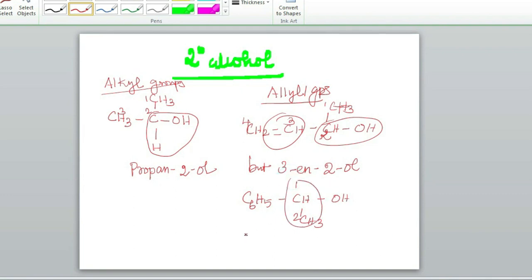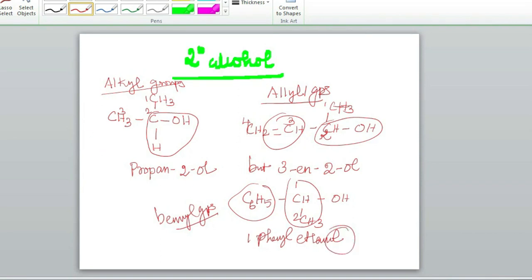The name is 1-phenylethanol. Ethanol means methane, ethanol. So this is called a benzyl group. This is for the secondary alcohol.